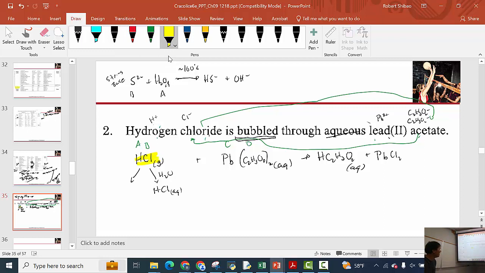So if I take my hydrogen chloride gas, bubble it through water, I'm going to form hydrochloric acid. Or leave it alone as hydrogen chloride gas, in quotation marks.